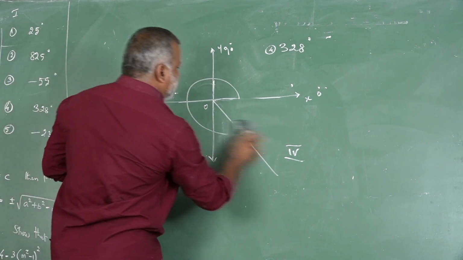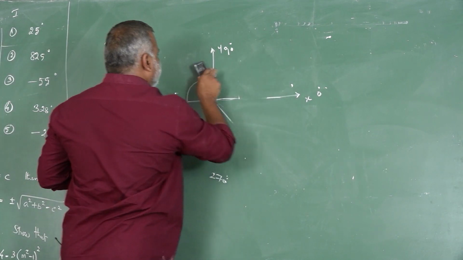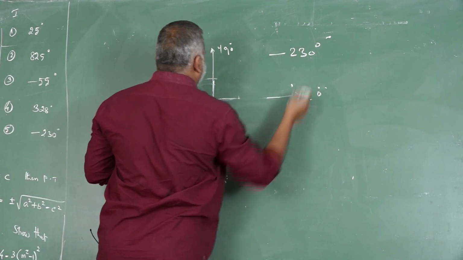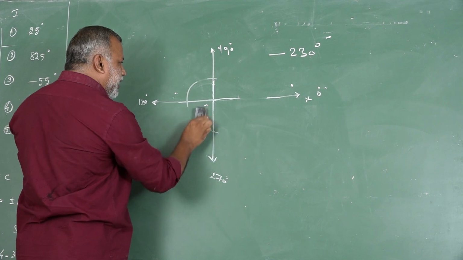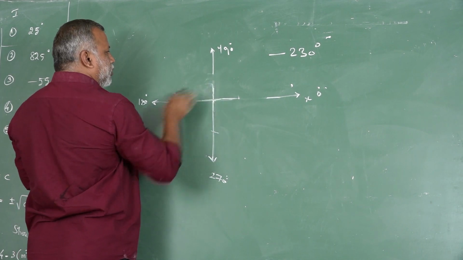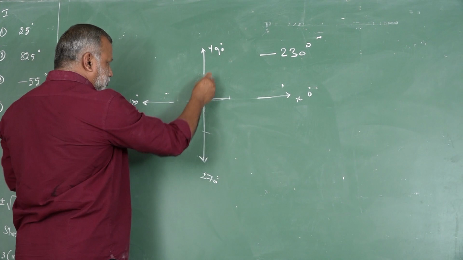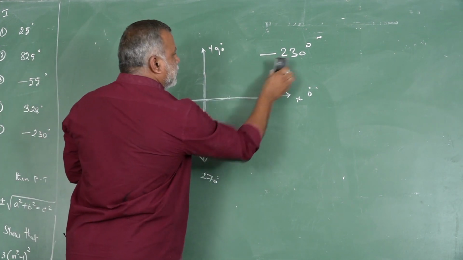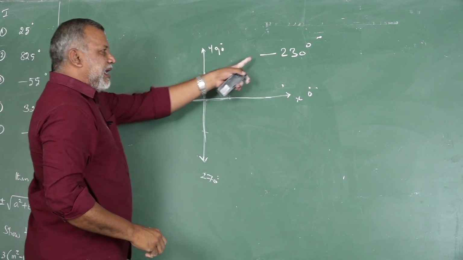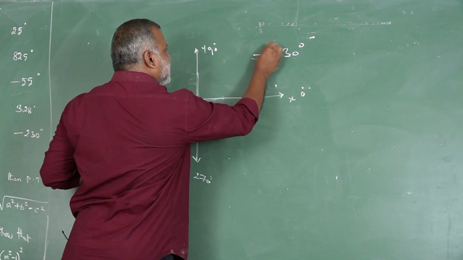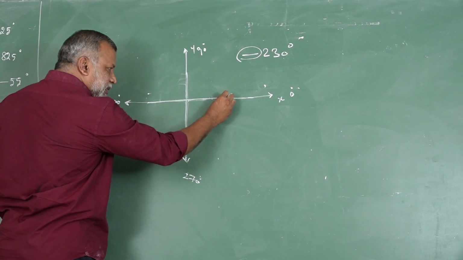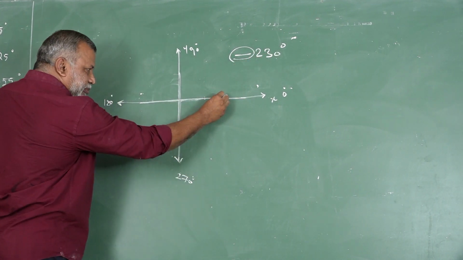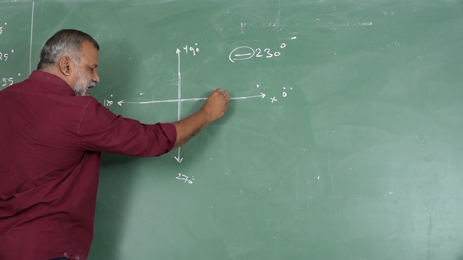Then the next question, minus 230 degree. See, the negative direction. Negative gives the rotation in the clockwise direction. See, 230 degree. From this starting place, this is the initial side.